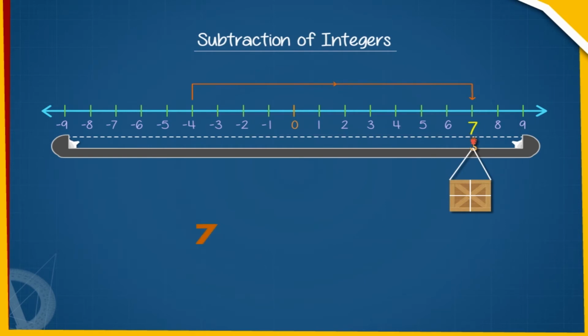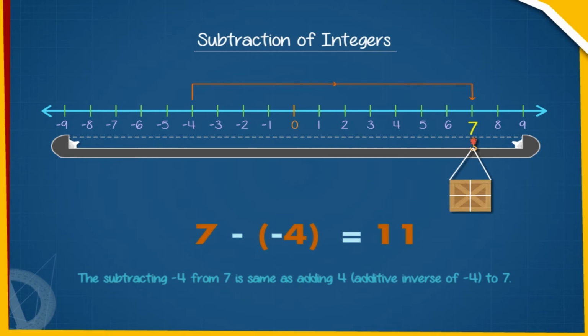Therefore, 7 minus minus 4 is equal to 11. We can see that subtracting minus 4 from 7 is the same as adding the additive inverse of minus 4 to 7. In fact, every subtraction problem can be changed into an addition problem.